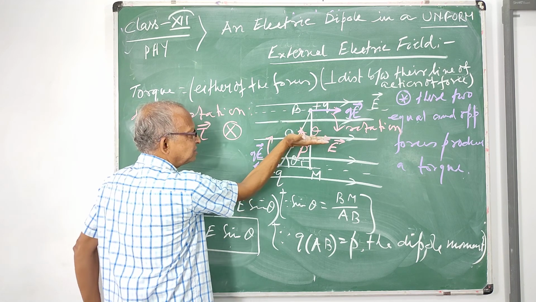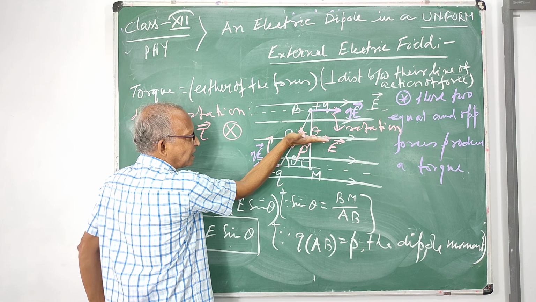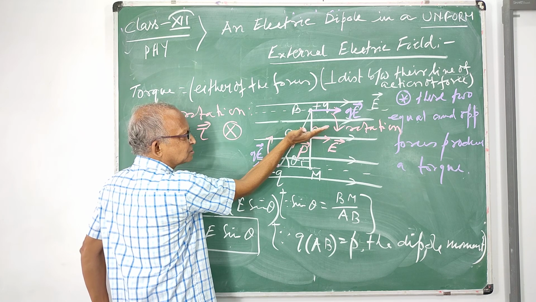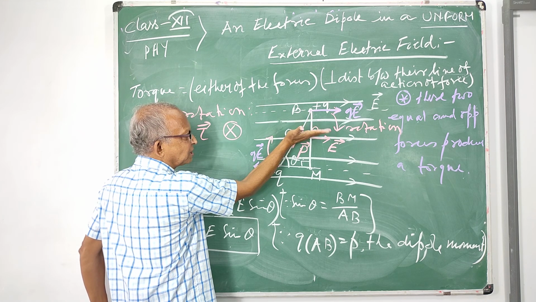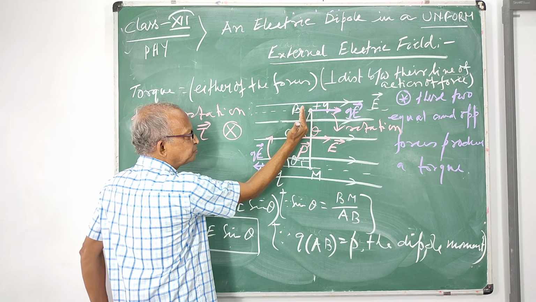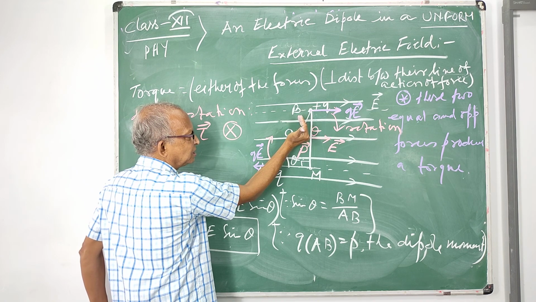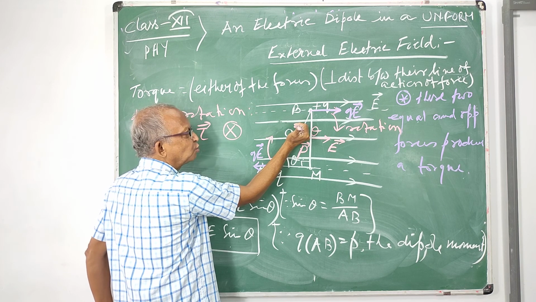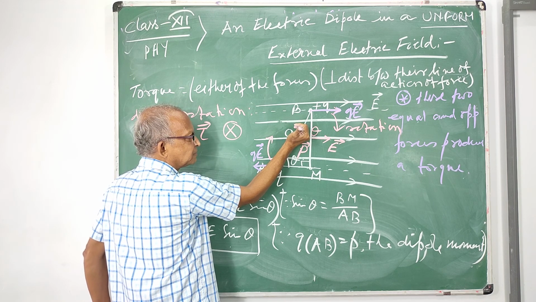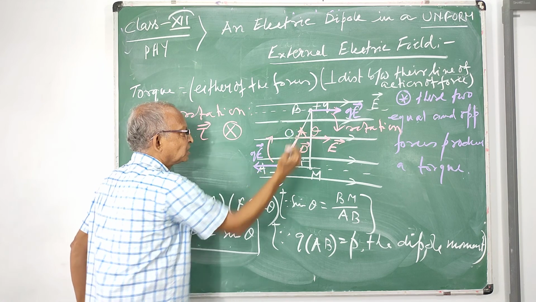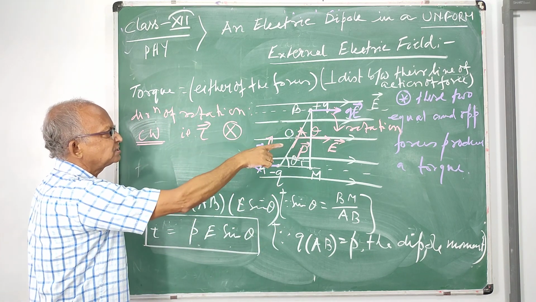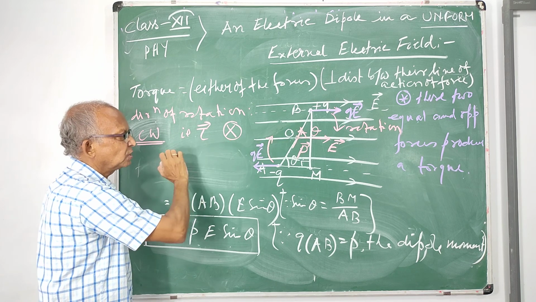Had I selected it the other way, stretched palm along E and curled the fingers towards P, through the smaller angle between them, the thumb would point outwards. That is a contradiction, since the direction of torque should be inward.